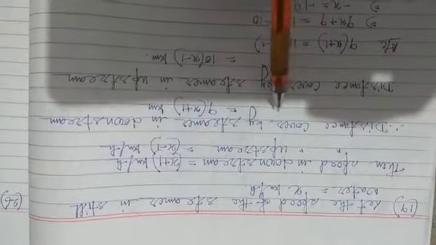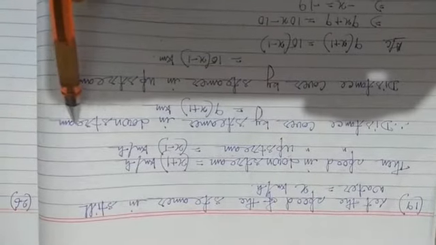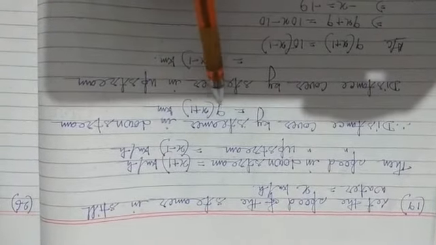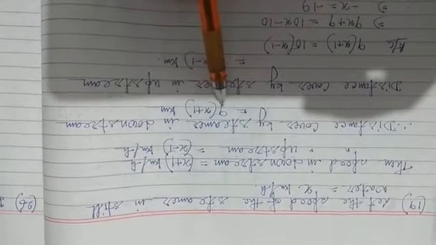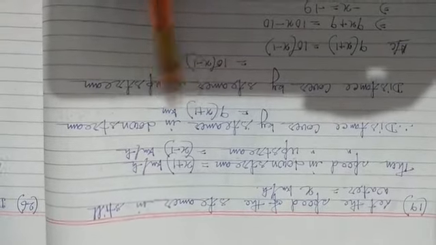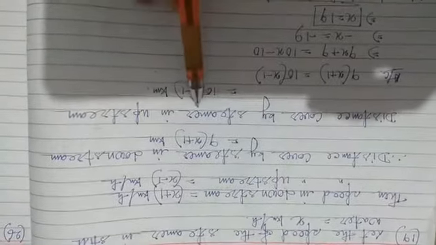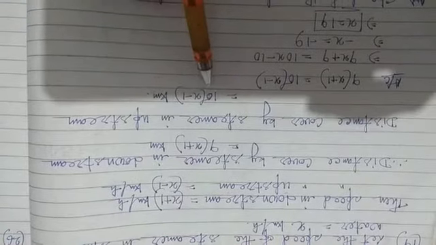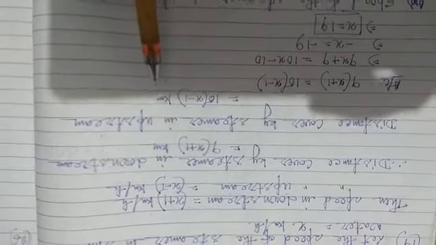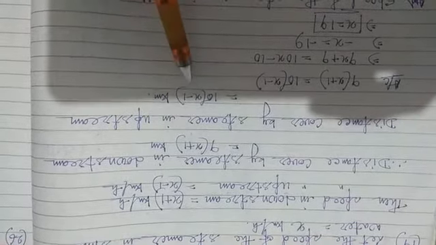So the distance covered by the steamer in downstream equals time into speed, so 9 into x plus 1 kilometer, and the distance covered in upstream is 10 into x minus 1 kilometer. Now in both cases the distance is the same. So according to the condition, 9 into x plus 1 equals 10 into x minus 1. So this is the equation, a linear equation in one variable.